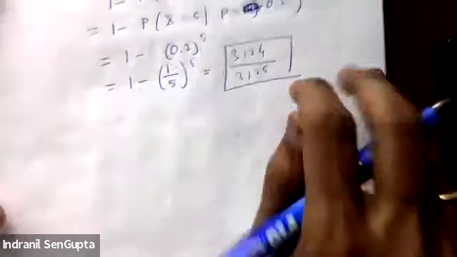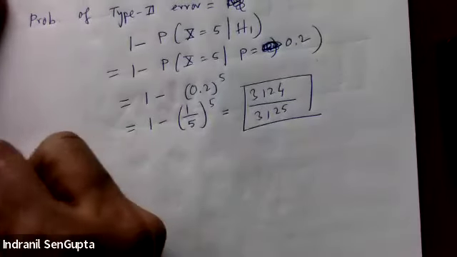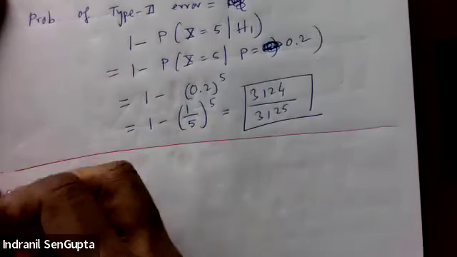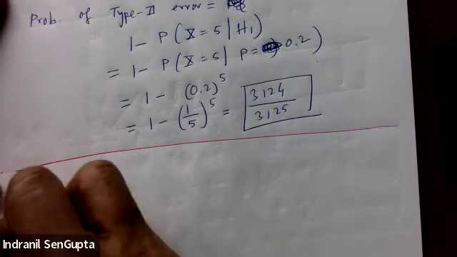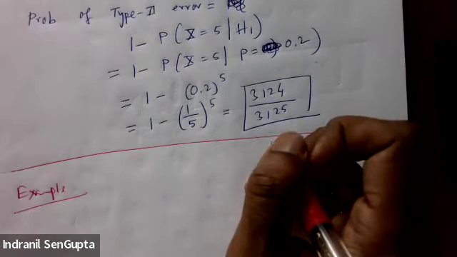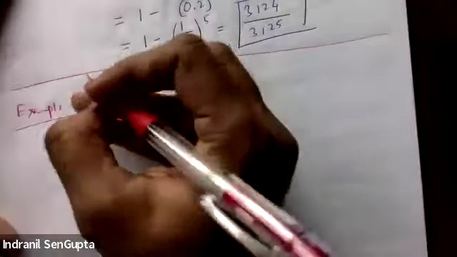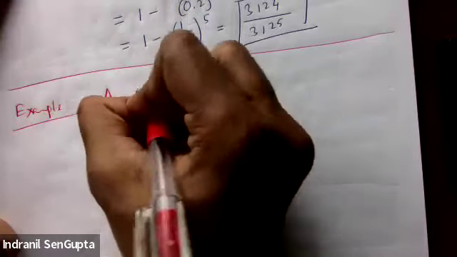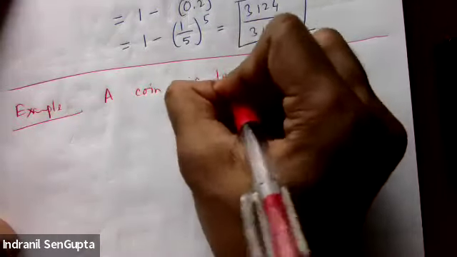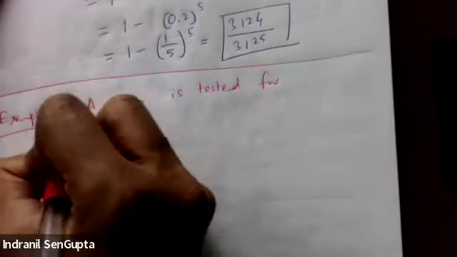Okay. Next, this next example. Since we're doing the coin example, let's do one more for the coin. A coin is tested for unbiasedness.